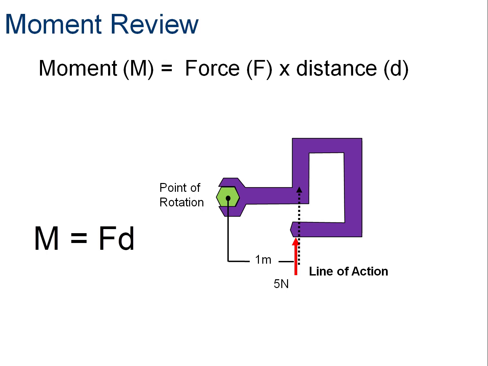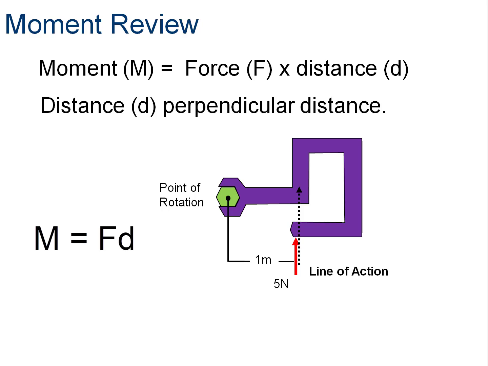The moment is the force times that perpendicular distance. So the force of 5 newtons times the perpendicular distance of 1 meter, or 5 newton meters. It really didn't matter the shape of the handle or how I got there.